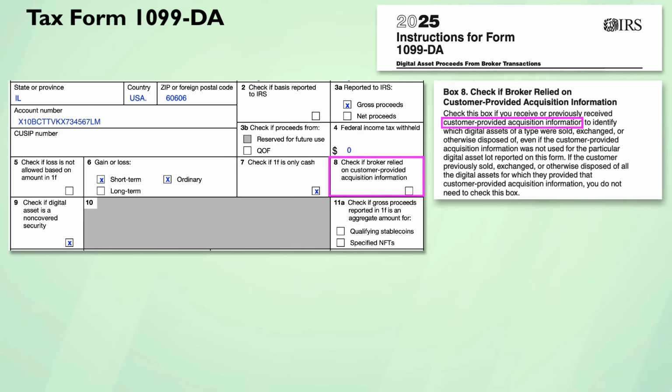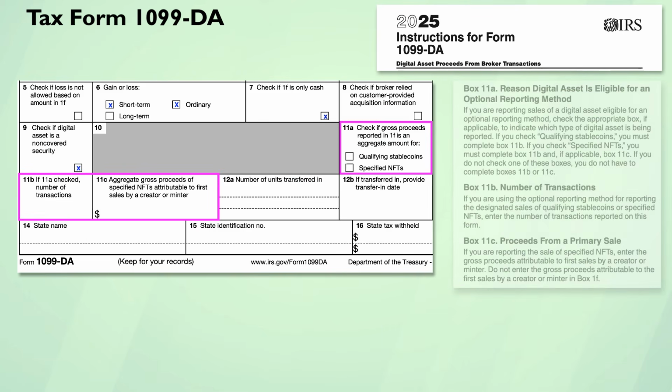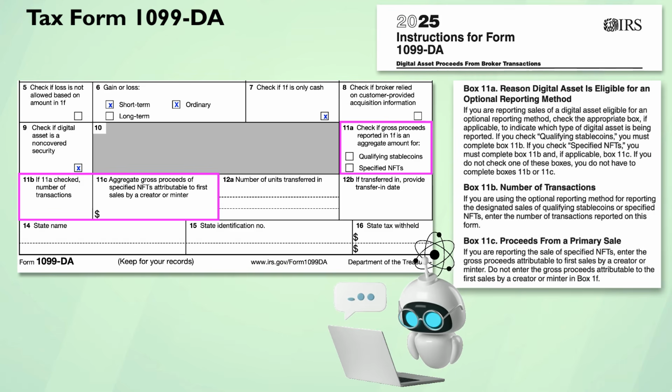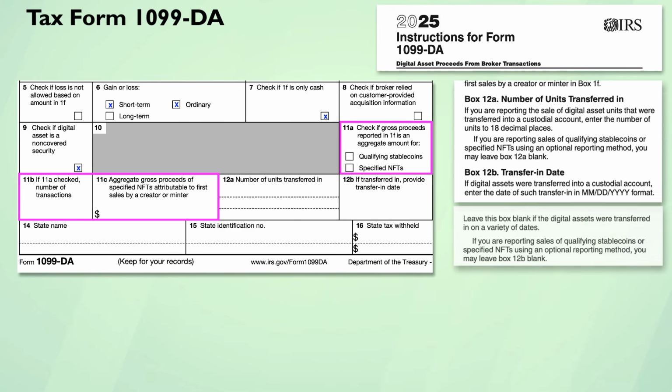Box 8 is checked if you transferred assets from another broker or wallet and provided the cost basis information yourself. It indicates that the broker had to rely on cost basis information provided by the customer. Boxes 11A through 11C relate to more advanced topics involving stablecoins and NFTs.